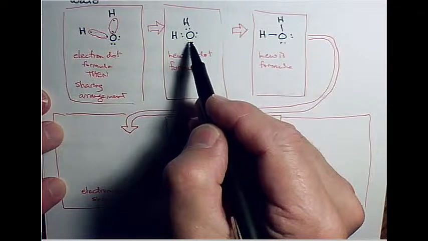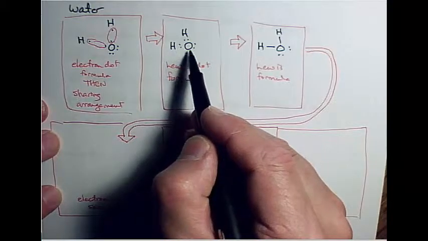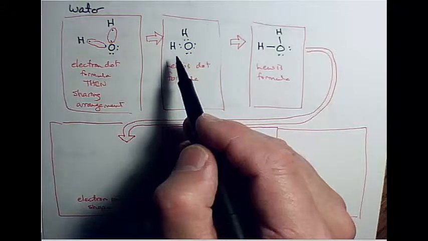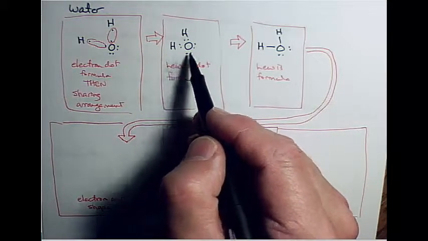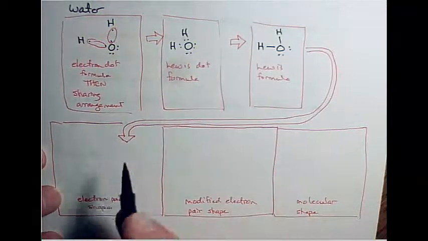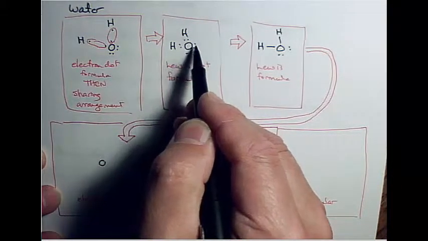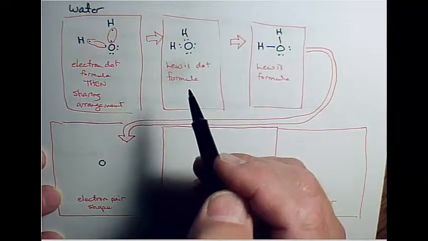That means we're going to go back here and look at how many sets of electrons there are around the atom that forces the shape to form. Okay, and that's the oxygen here. It's the central atom in this case, the atom we're interested in. Okay, so around oxygen then there are 1, 2, 3, 4 sets of electrons.